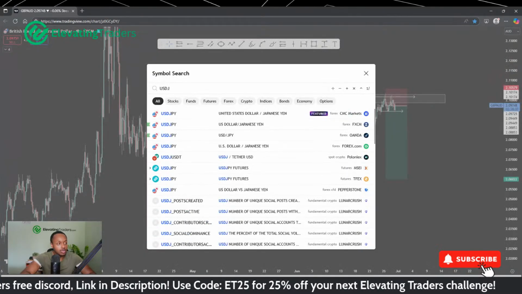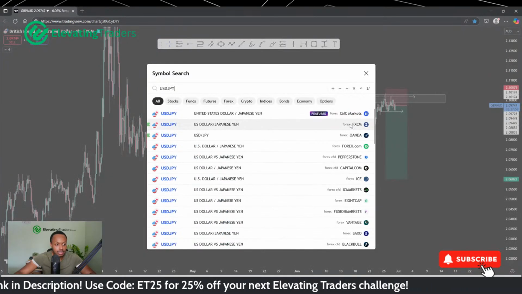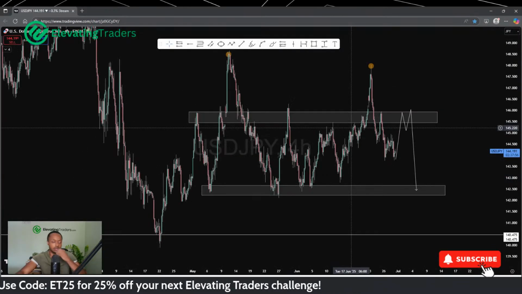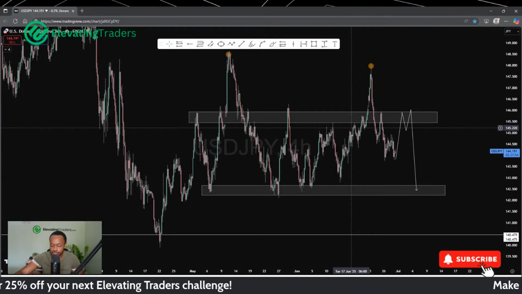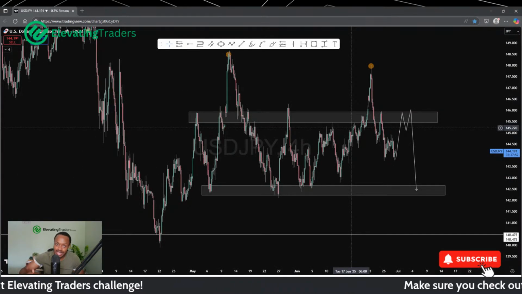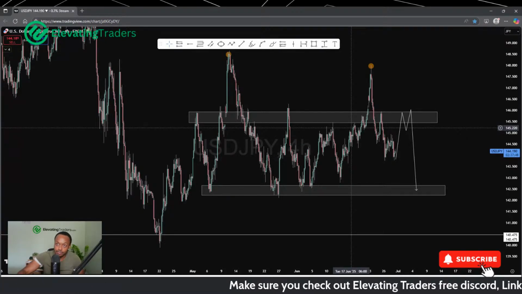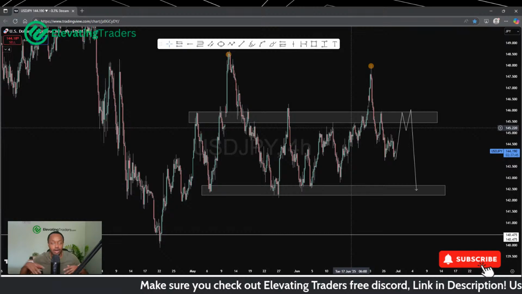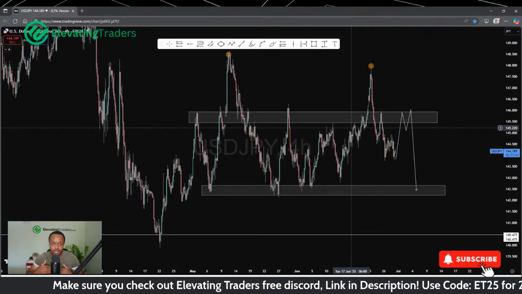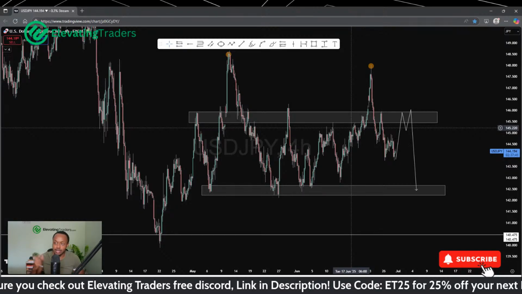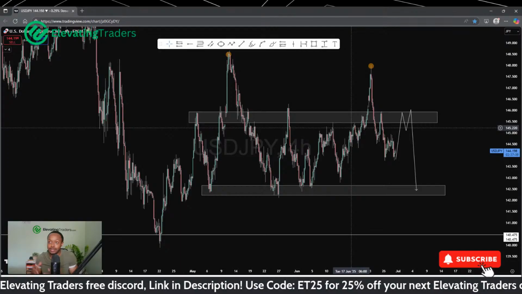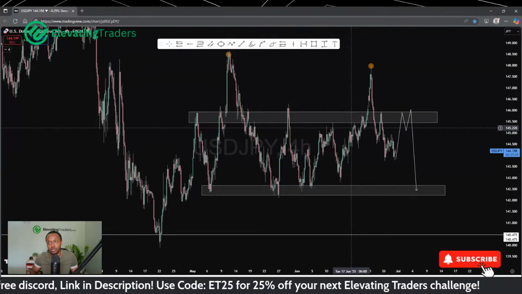Again, with an entry confirmation, you don't want to overcomplicate it. What an entry does for you is basically show that the idea you had is now likely to happen, or price is now likely to move in that direction. Of course, whether it gets to your overall target, that's something else. But if you're expecting price to go up and you see something that shows, okay, we're likely to go up now, that's all you're looking for in terms of an entry.